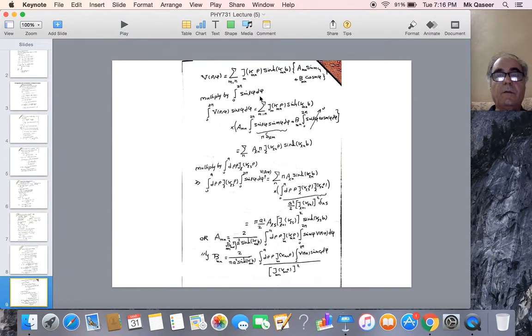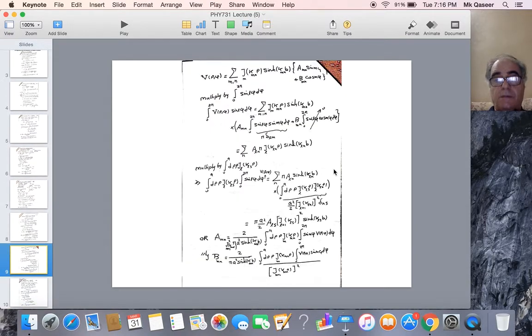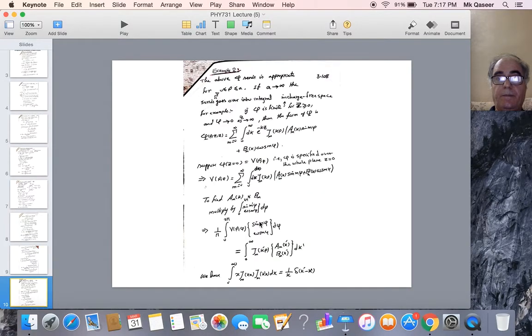Here I'm repeating these calculations just to show how we get A sub mn and B sub mn. Once you know V, you can perform these integrals.